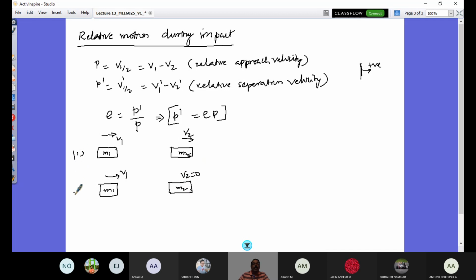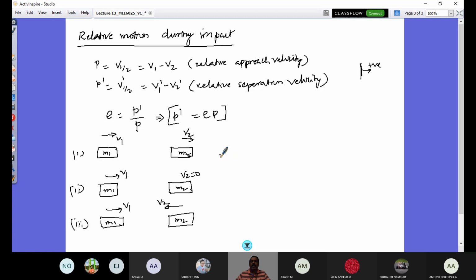This is case 1, this is case 2, and one more case, case 3, where we have M1 with the velocity V1 and mass M2 with the velocity V2 approaching toward it. The direction of this velocity is along the negative direction. So these are the three cases that are possible for the configuration of direct central impact.